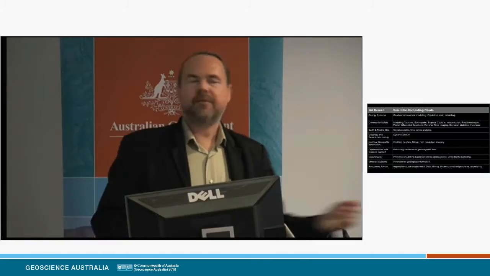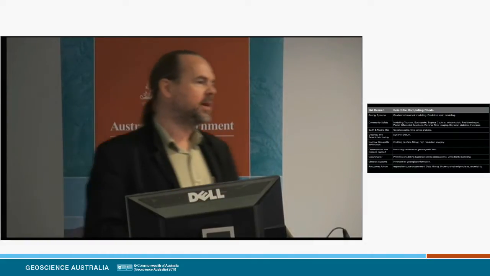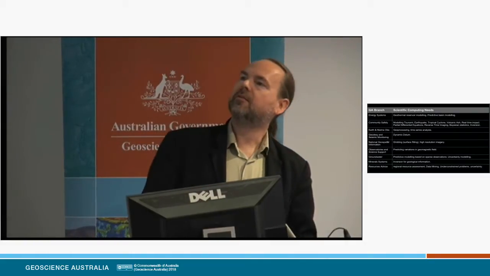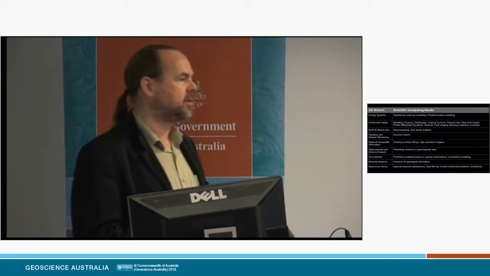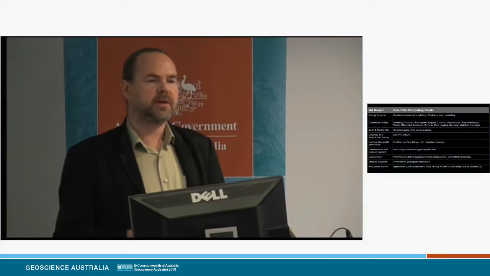I've had some very cursory, quick chats with the branch heads about their thoughts on scientific computing needs. I'm not going to read them all out, but they will form the basis of going forward in identifying or painting a picture of what the needs are.